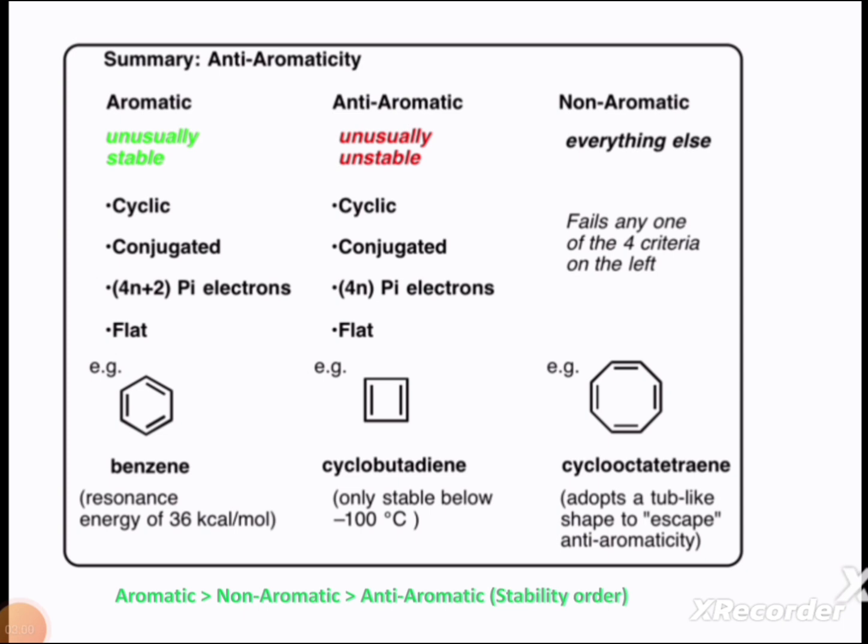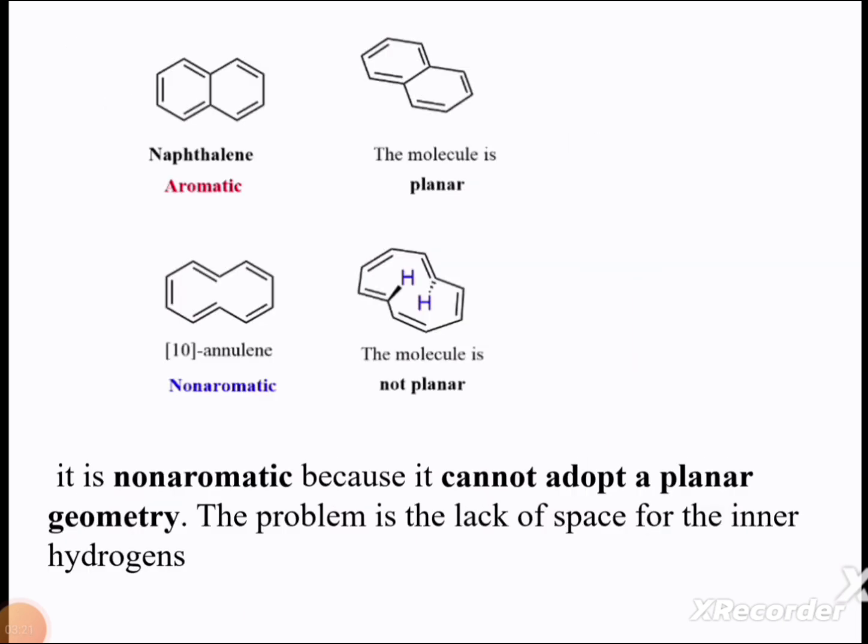If you look at the stability, aromatic is more stable than non-aromatic, and non-aromatic is more stable than anti-aromatic. So anti-aromatic compounds, having 4n pi systems, are the least stable.